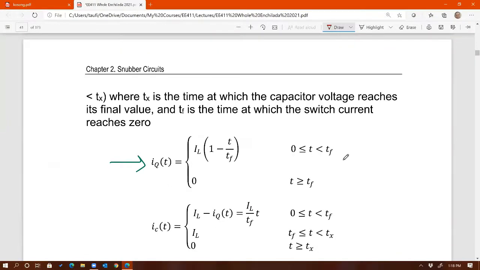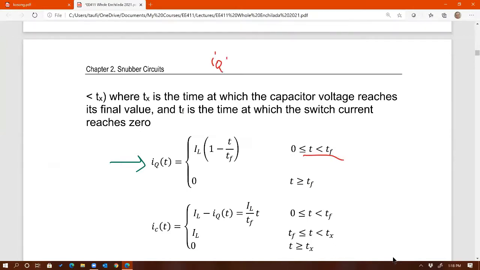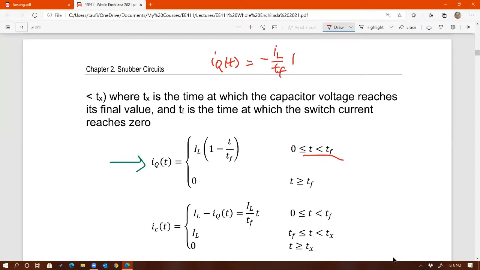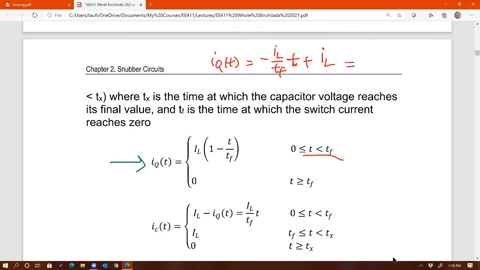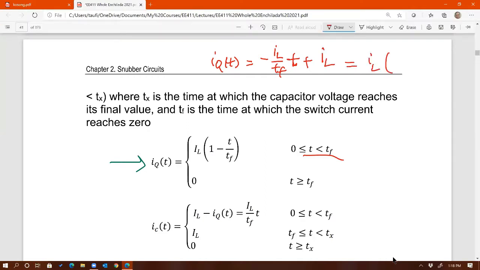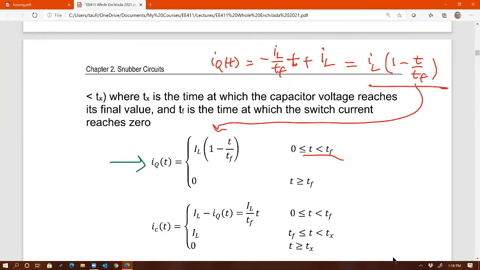IQ from 0 to TF is equal to, what did I say earlier, IQ(t) is equal to minus IL over TF times t plus IL. So you can factor out the IL, and what do you have there? 1 minus t over TF. Isn't that the same as this? So that is true from 0 to TF. Any question on that one?